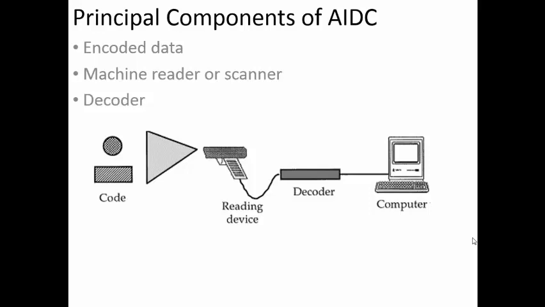So based on the requirement, the encoded data will be in a particular format. The encoded data has to be read through the appropriate means. We will have a decoder to convert the encoded data into information or a format which can be used by the computer systems or updated into the database. So these are the three main components.